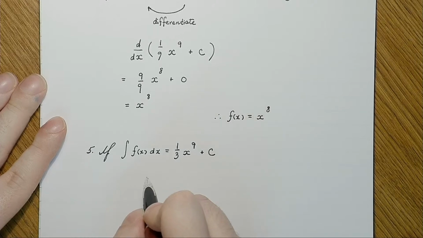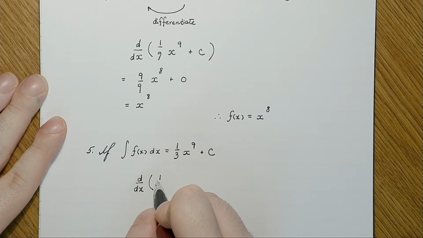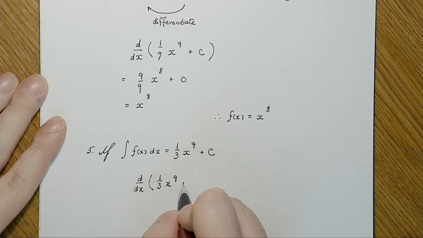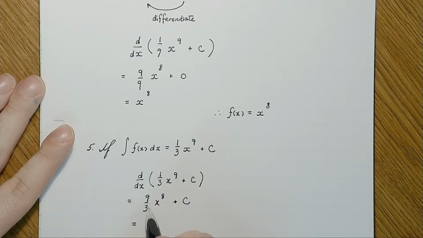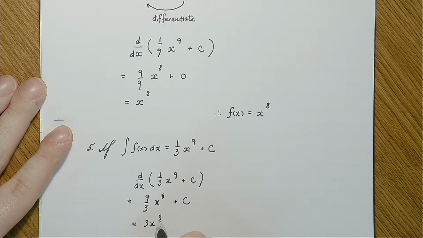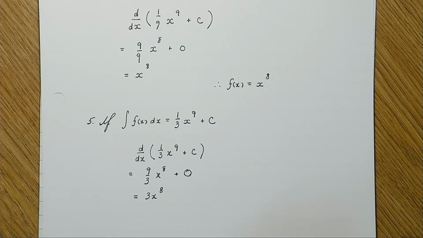So same thing again, you can just differentiate that to check. Nine divided by 3 is 3x, and that should be a 0. And that's what we have for number 5.